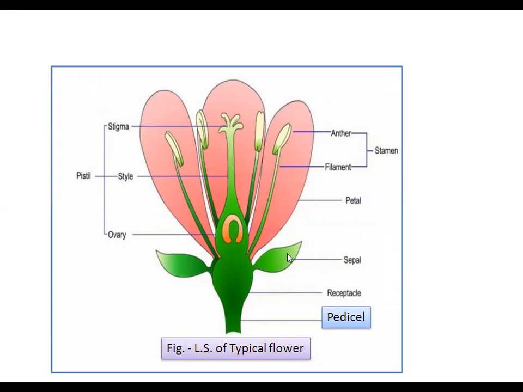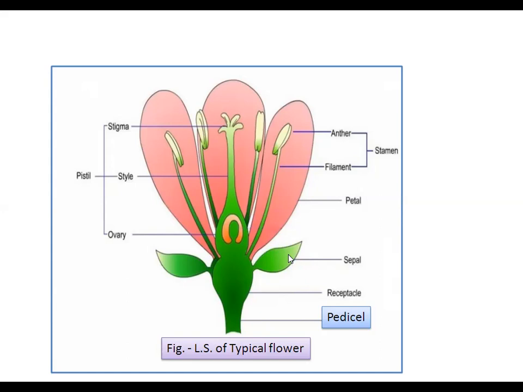If the sepals are free, the condition is called polysepalous. If the sepals are fused, the condition is known as gamosepalous. If you observe the flower of hibiscus, the sepals are fused, and this condition is known as gamosepalous.